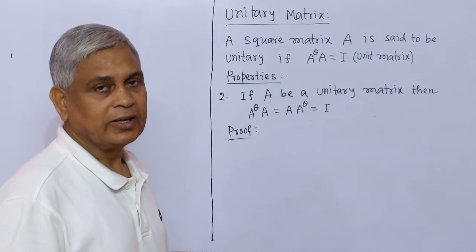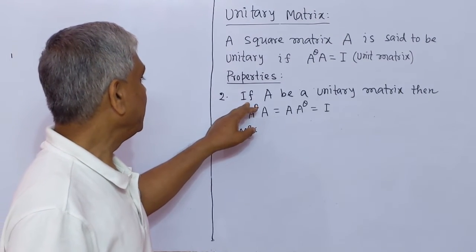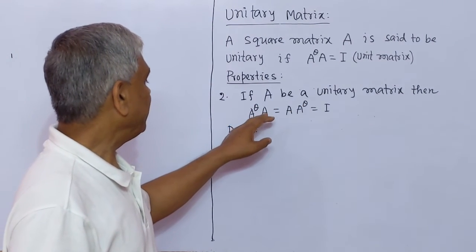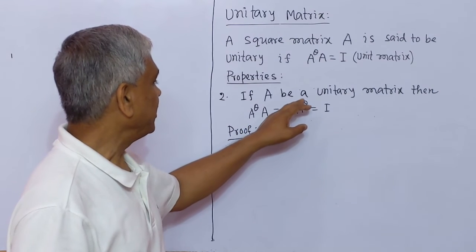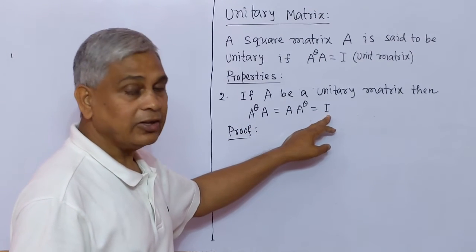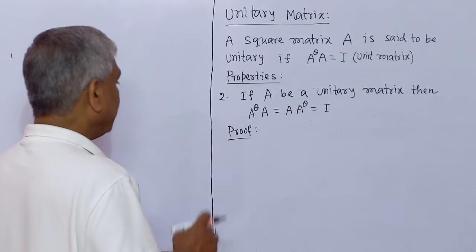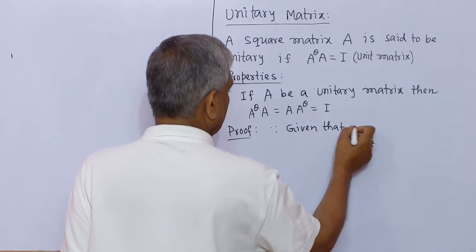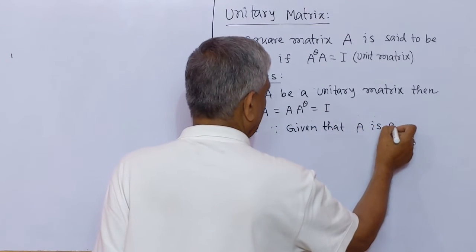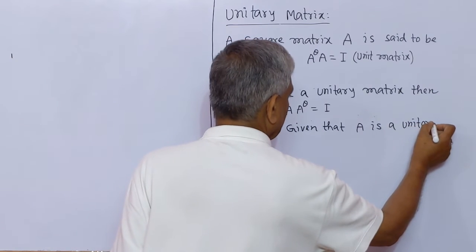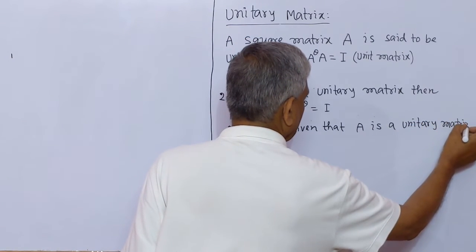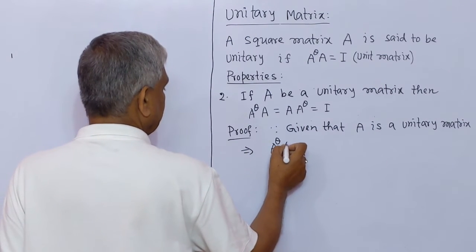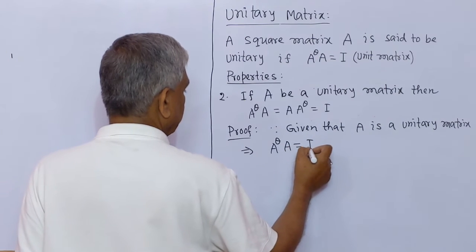Now we prove the next property. Next property is if A is a unitary matrix, then A theta multiply A equals A multiply A theta equals I, unit matrix. Now we prove this. Given that A is a unitary matrix, implies that A theta multiply A equals unit matrix.